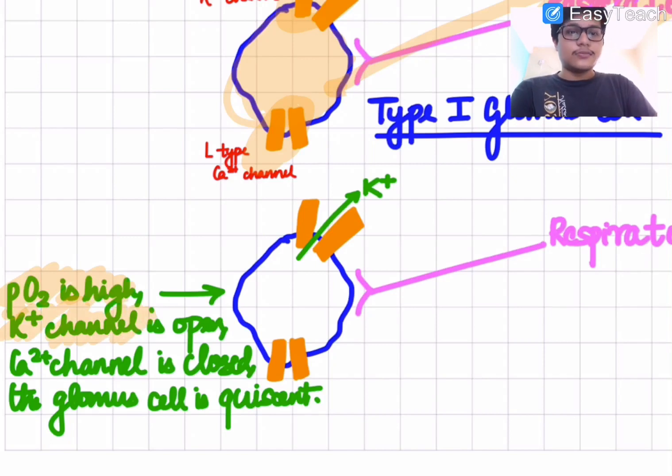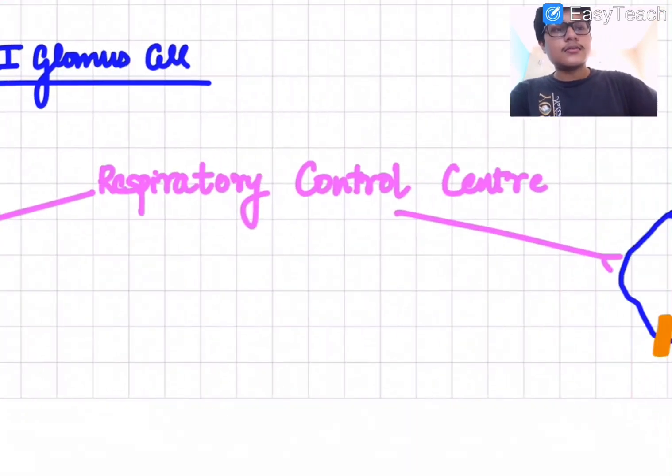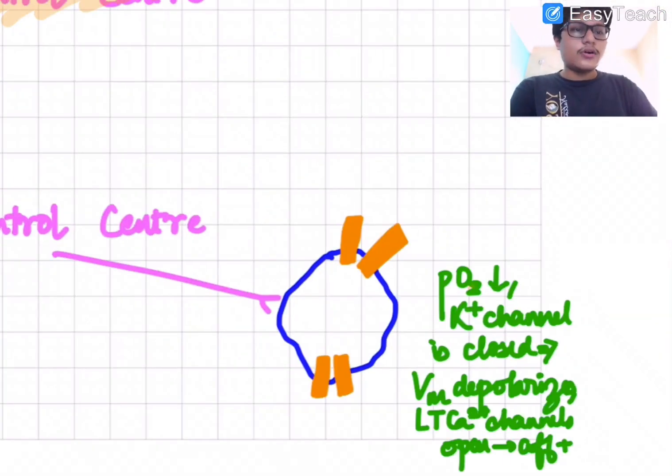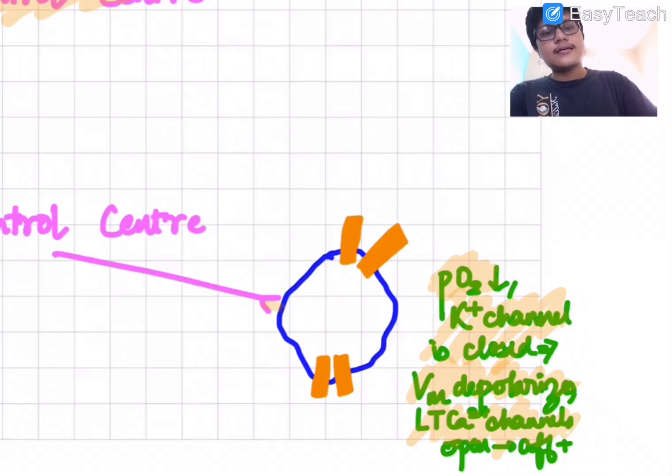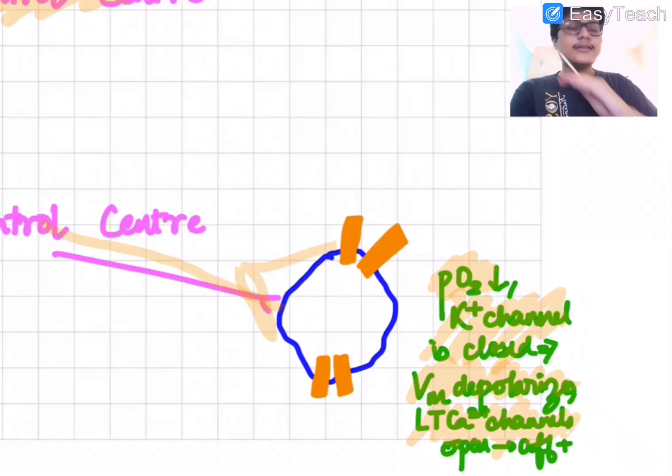The potassium channel is open because it's oxygen dependent, and the calcium channel is closed, and the glomus cell is quiescent. However, when the PO2 falls, the potassium channels close, the cell membrane depolarizes, the L-type calcium channels open, and these afferent nerves start sending stimuli to the respiratory control center.